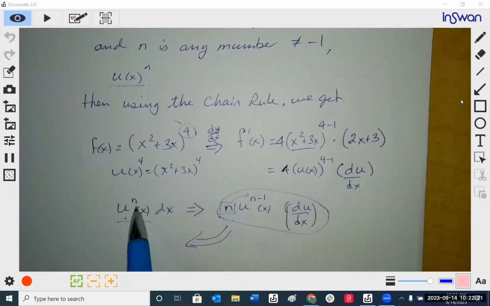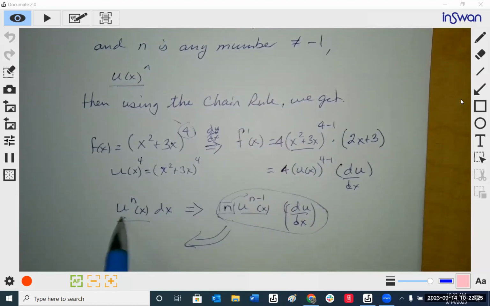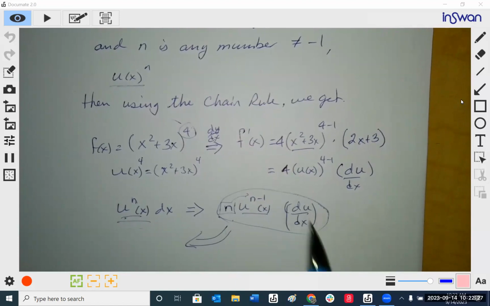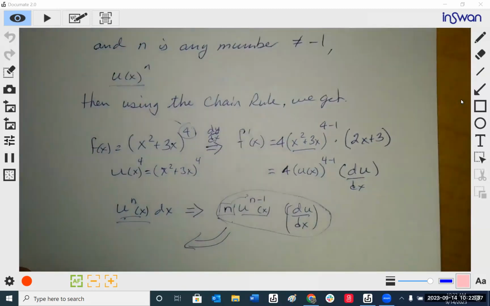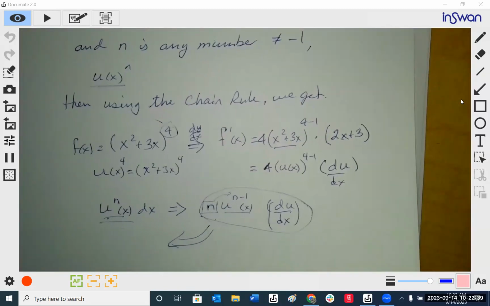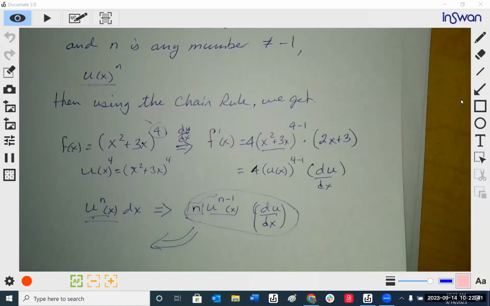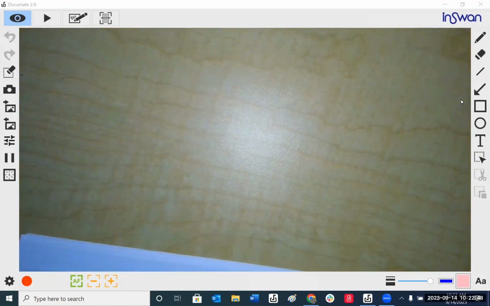The exponent has to be 1 less than the original. You have to have the function times the derivative of that function. So here's the integral rule of the chain rule. Basically, we're using the chain rule backwards.